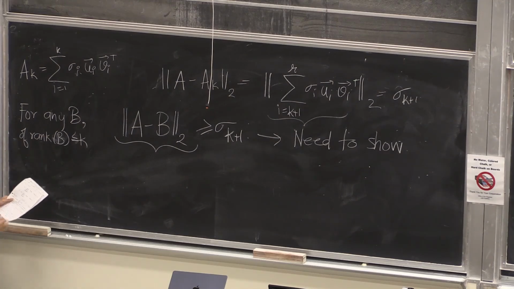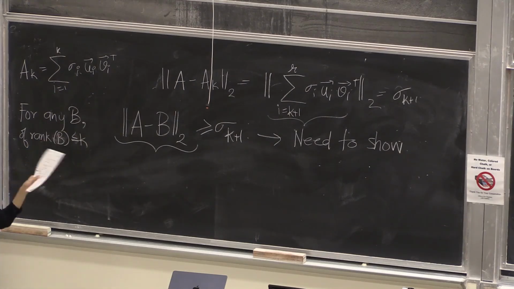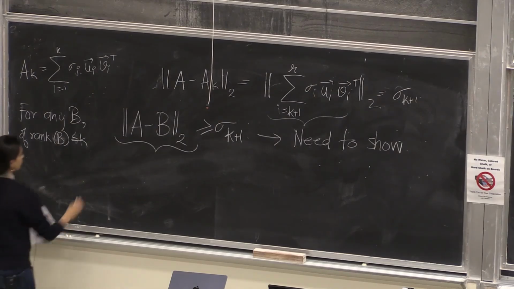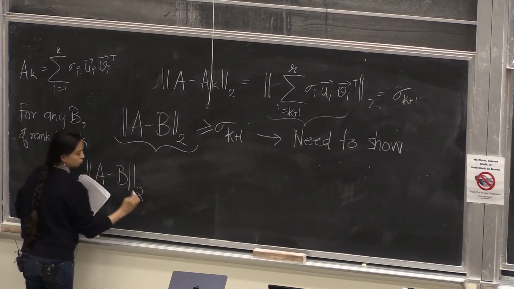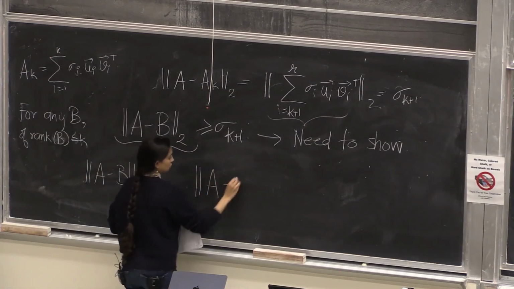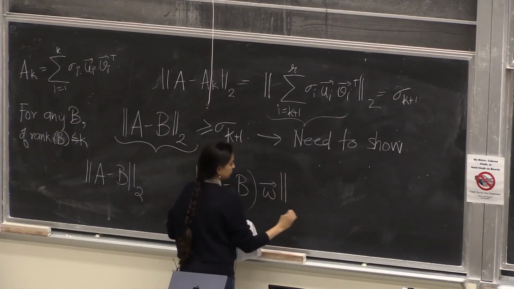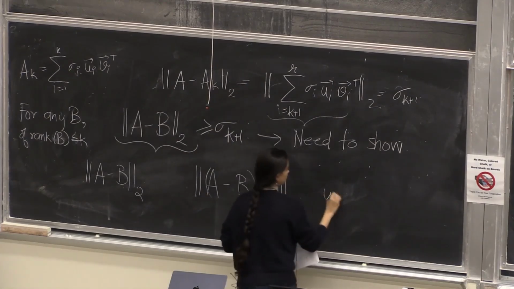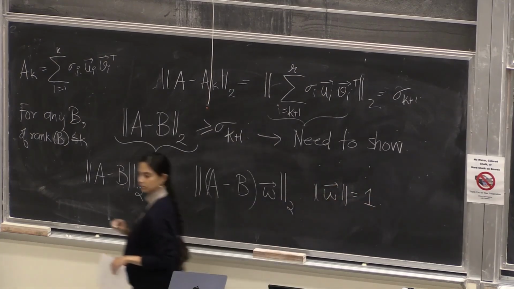What is the definition of matrix norm? This is basically a maximization over a bunch of vector norms, right? So if I was to think about this matrix norm A minus B 2 norm, and I want to compare it to A minus B times some W 2 norm, where W is now some unit vector. Okay?